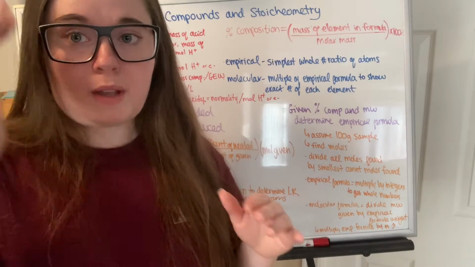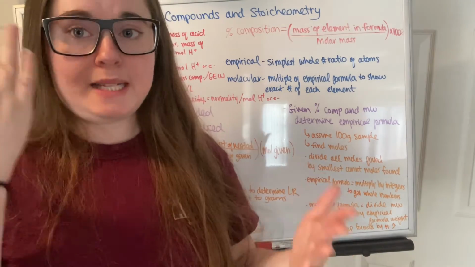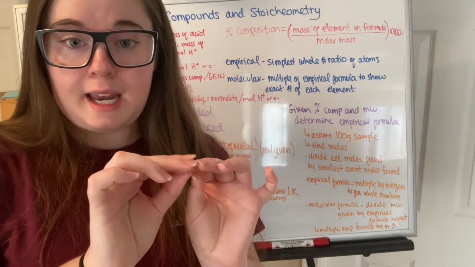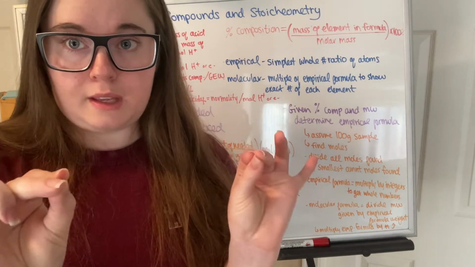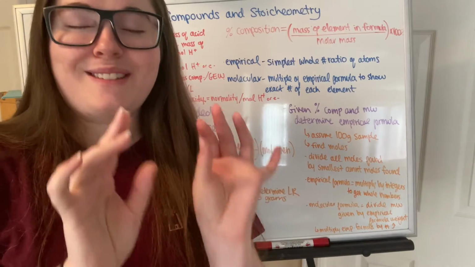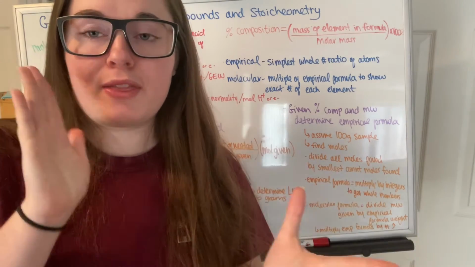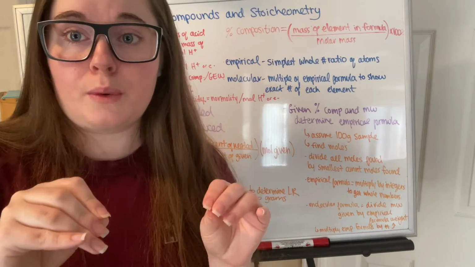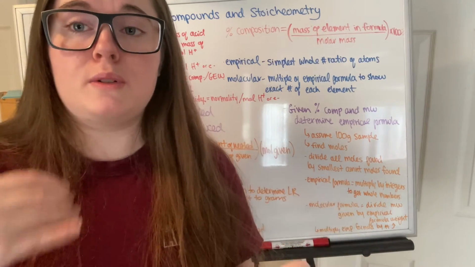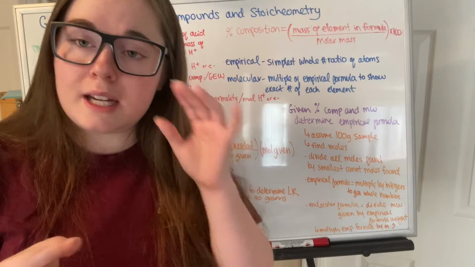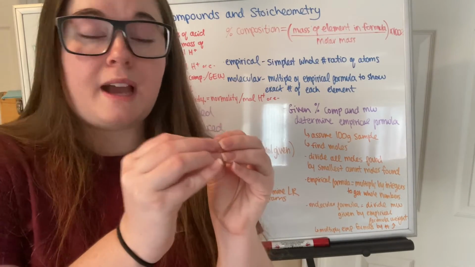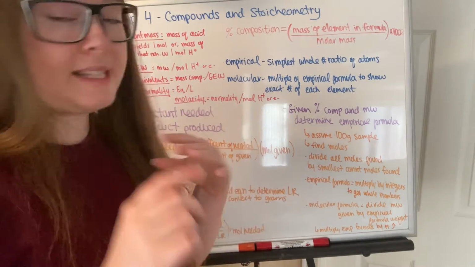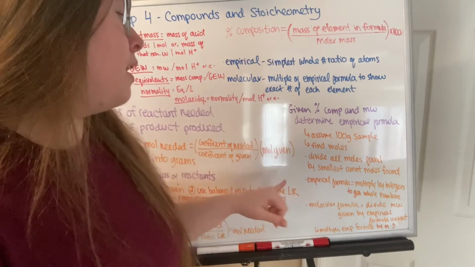By dividing, you see the ratios that you need, but to get a full integer to be able to put as a subscript, you divided to find the ratio of each element that you would need, but you need to multiply by an integer and figure out what those actual whole numbers would be if you were to put it in a whole formula as subscripts for each element.